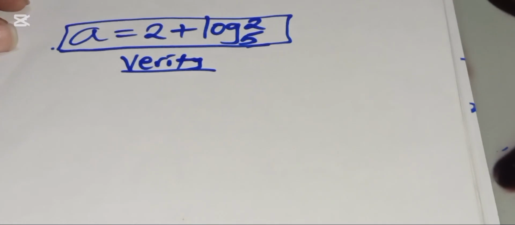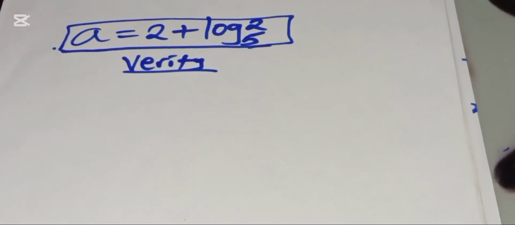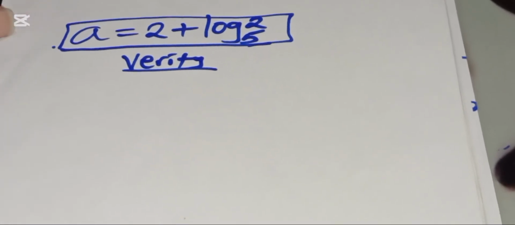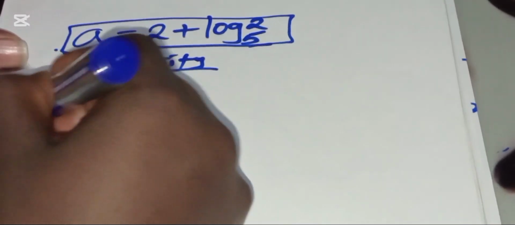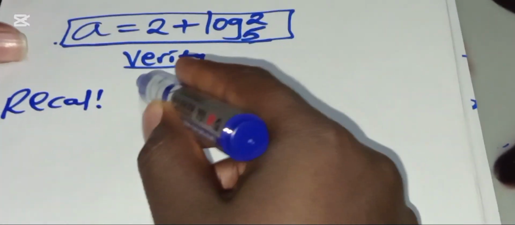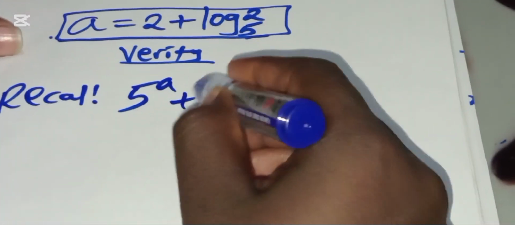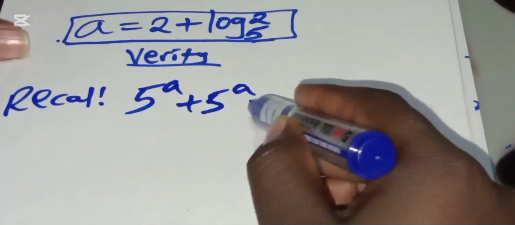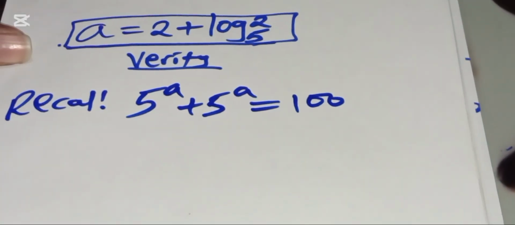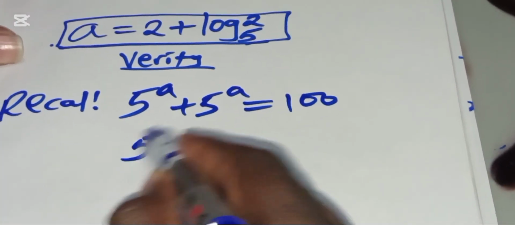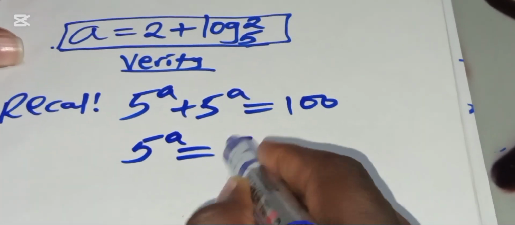Let's verify that this value of a, which is 2 plus log 2 to base 5, actually satisfies the equation. Now we simplify this to 5 raised to power a, which is equal to 50.